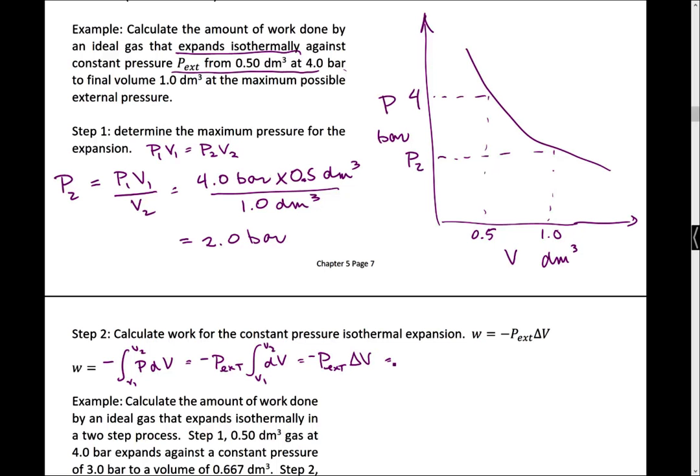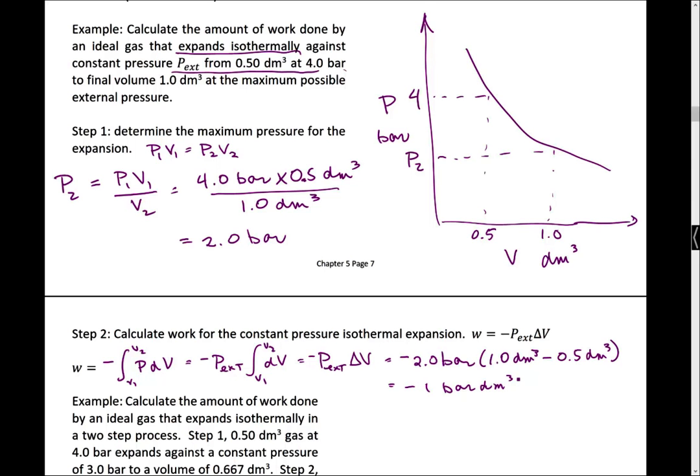And at that point, now I just plug in numbers. So this is going to be minus 2.0 bar, and then my volume change. My final volume is 1 decimeter cubed. My initial is 0.5 decimeter cubed. And that will come out to be minus 1 bar decimeter cubed.